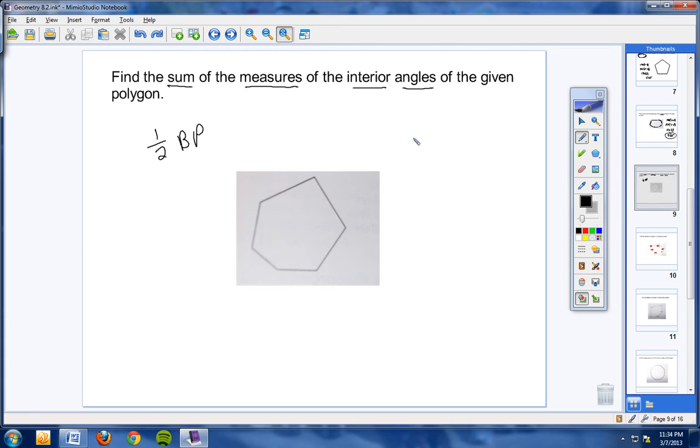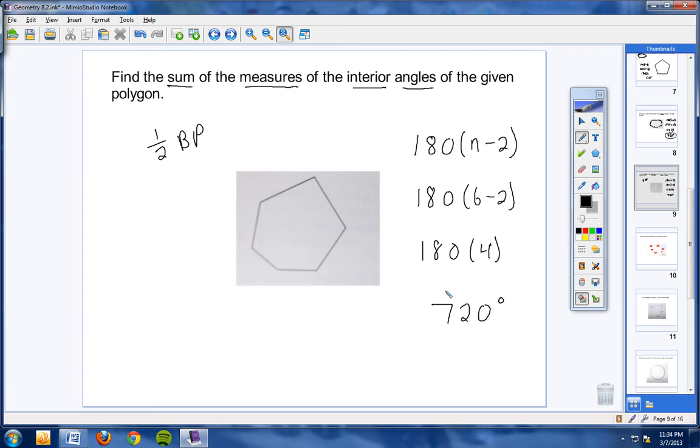Okay, I'm going to start working it out very slowly here, so don't look up if you're not done yet. And this is the answer right here, 720 degrees.